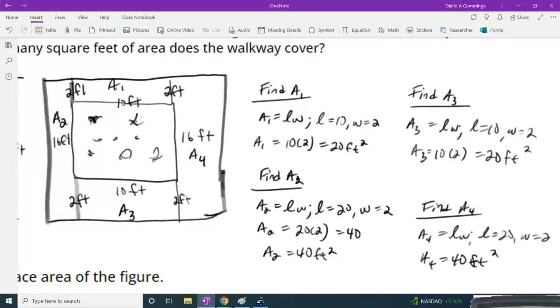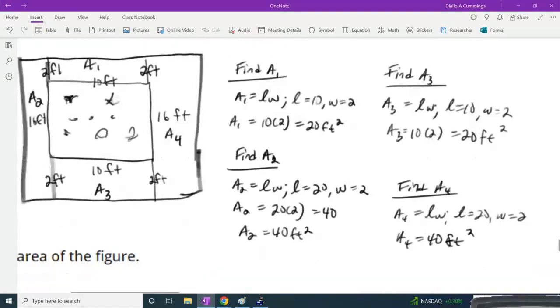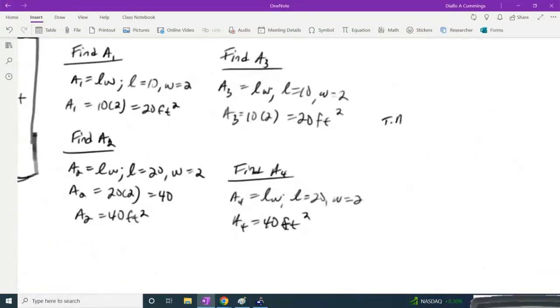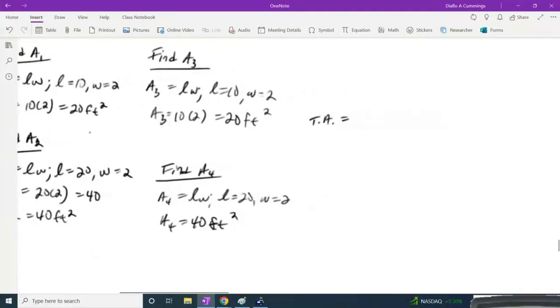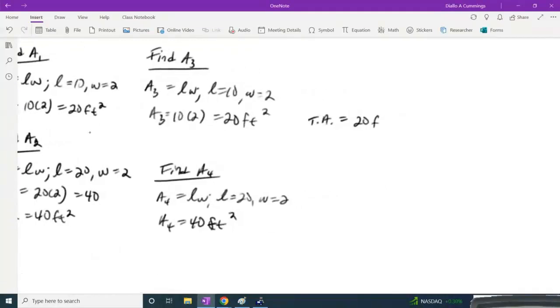And to find the total area, I'm just going to add them all up. All right, so the total area is 20 square feet plus another 20 plus 40 plus 40. So altogether we should have 120 square feet.